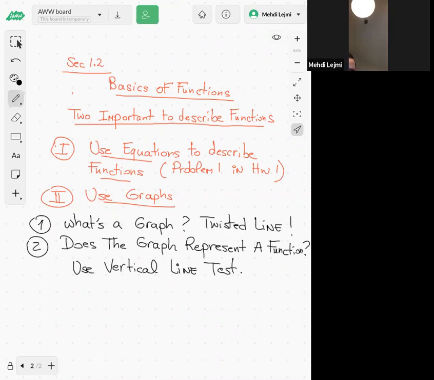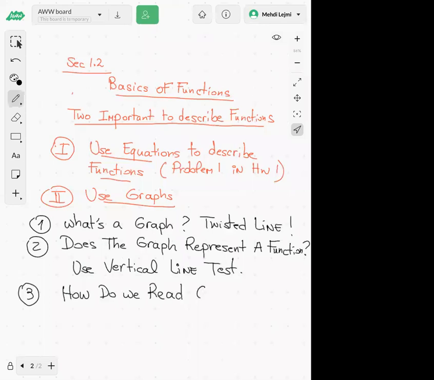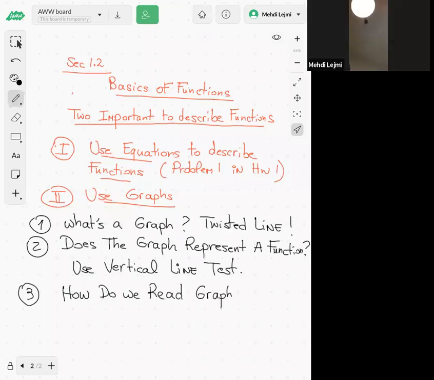And then the third point was about how do we read graphs. Okay. How do we read graphs?